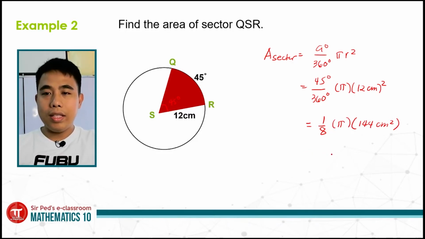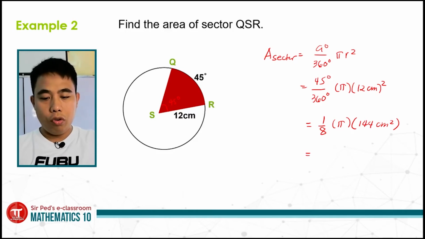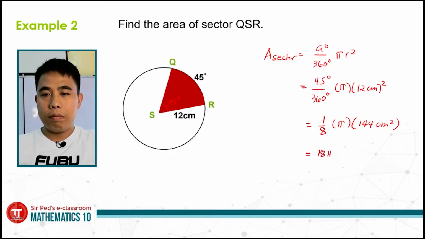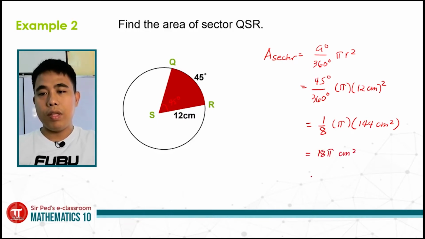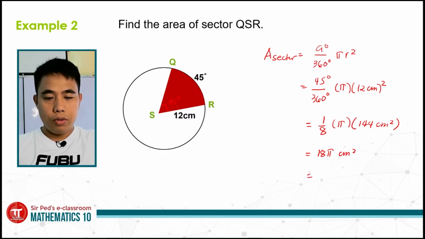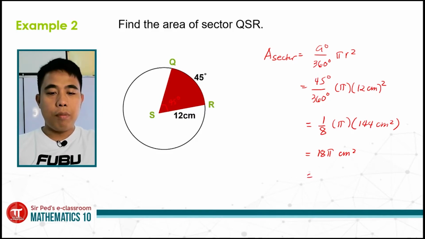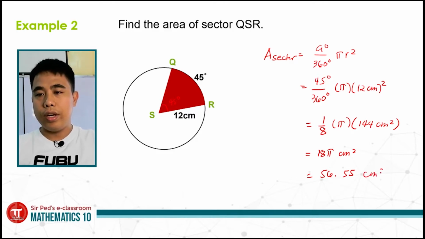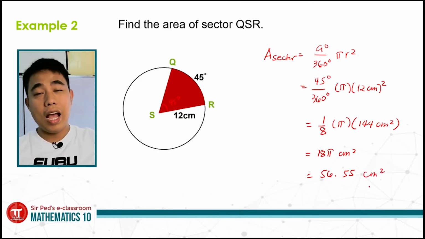So, 1/8 times pi times 144 is equal to 18 pi square centimeters. So, that is approximately equal to 56.55 square centimeters. That is how we find the area of a sector.